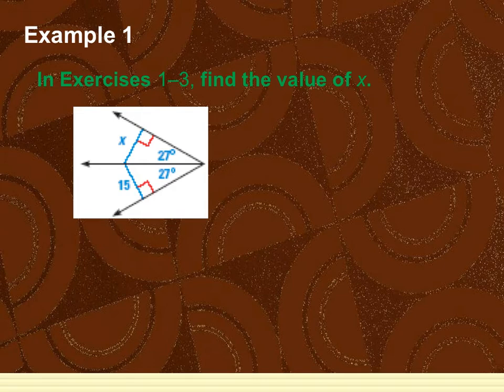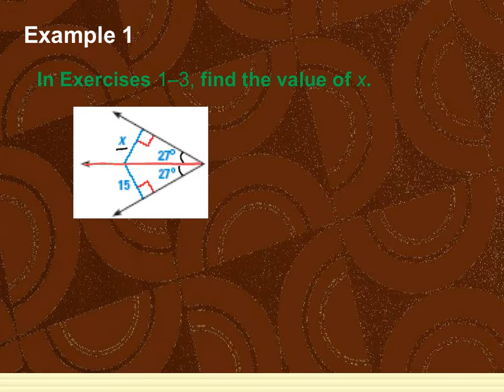Okay, so for the next few exercises, we're going to find the value of x. So some of these are going to go pretty quickly. Notice here that I'm trying to find the value of x. I see 27 degrees, 27 degrees. That makes this an angle bisector.